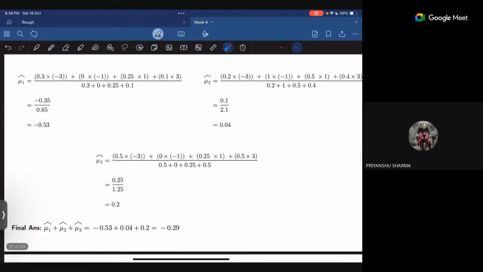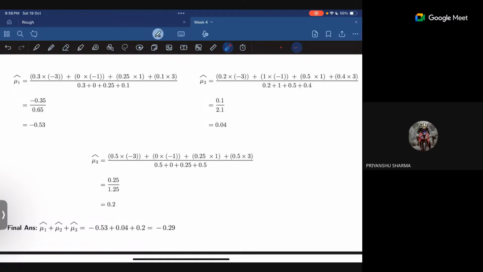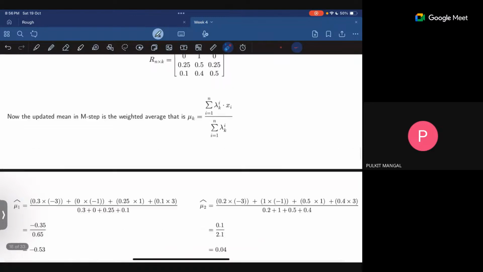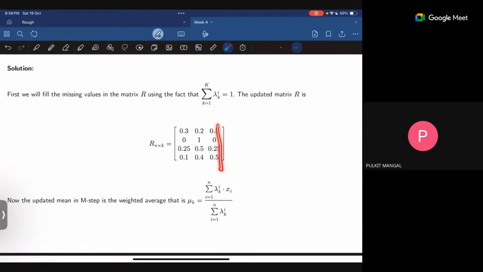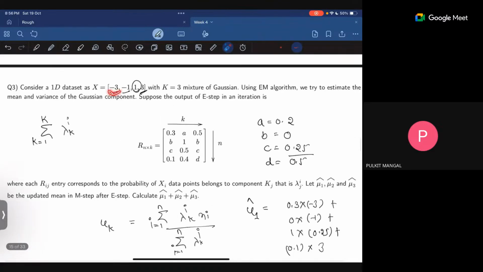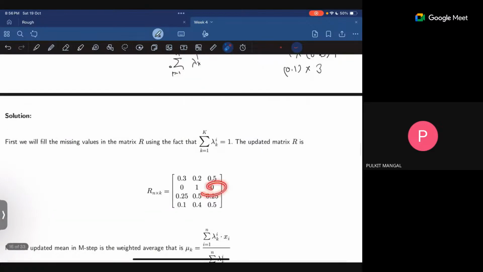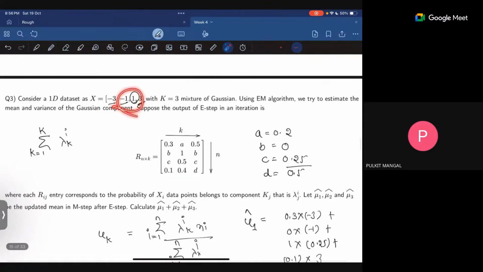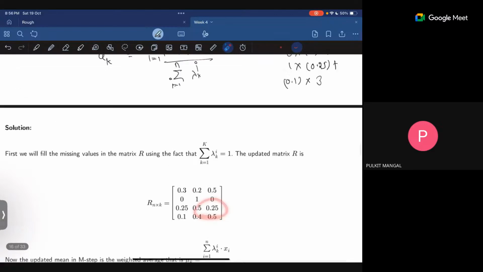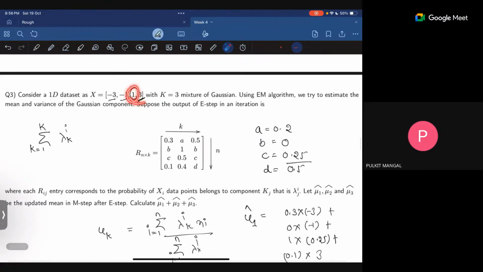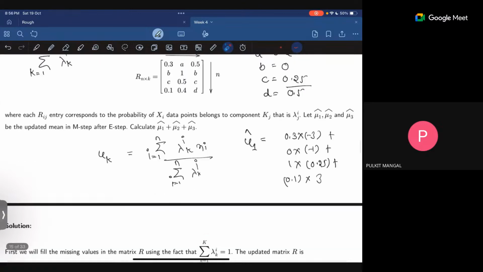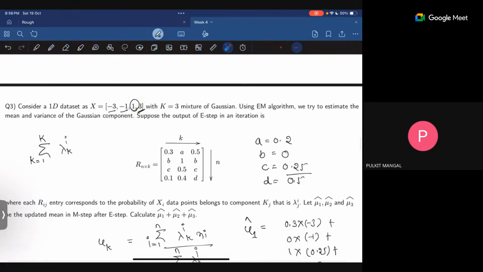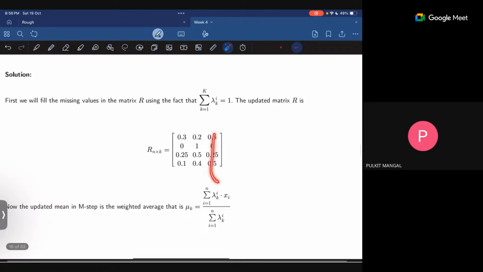Yes, sir. Can you please explain how we compute mu3 hat? For mu3 hat, you will take these probabilities because we are talking about the third component. So that is 0.5 into -3 plus 0 into -1 plus 0.25 into 1, plus 0.5 into 3, and divided by the summation of all these.